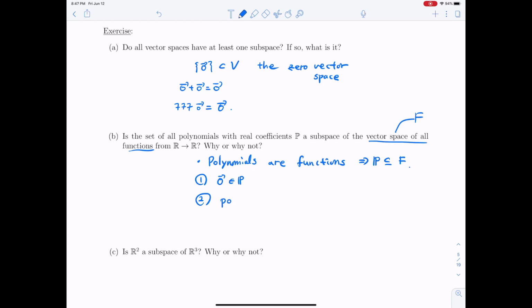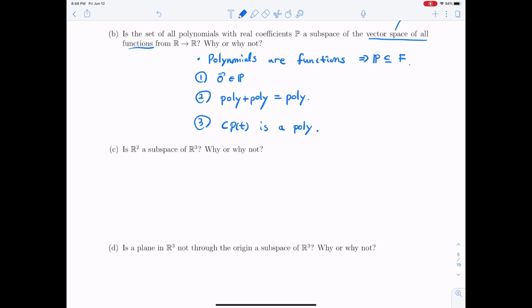If you add two different polynomials, you still get a polynomial. And if you multiply a polynomial by some number, it is still a polynomial. So we can tell that the set of polynomials is a subspace of the vector space of all functions.